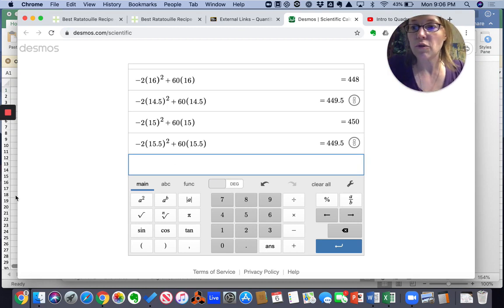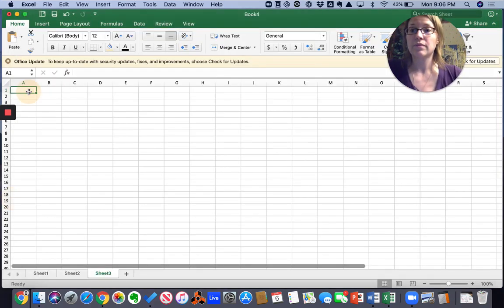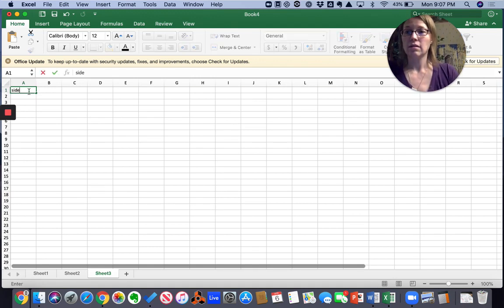But plugging into a calculator is one way we could do it. Let's try doing it on Excel. So remember, x was our side width, and then we have area.